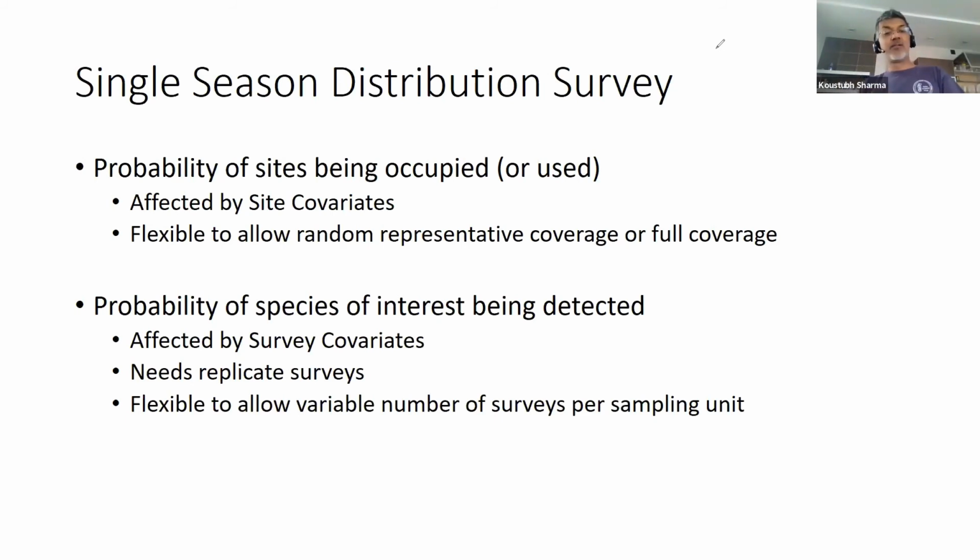They are flexible in a site. I mean, site occupancy surveys are flexible, in that you don't need to survey every nook and corner. You can sample using representative random sampling, or if you have the resources, do all of it. Like in this case, Justine really got tired, and she made sure that we didn't go through all of it, and it's fine.